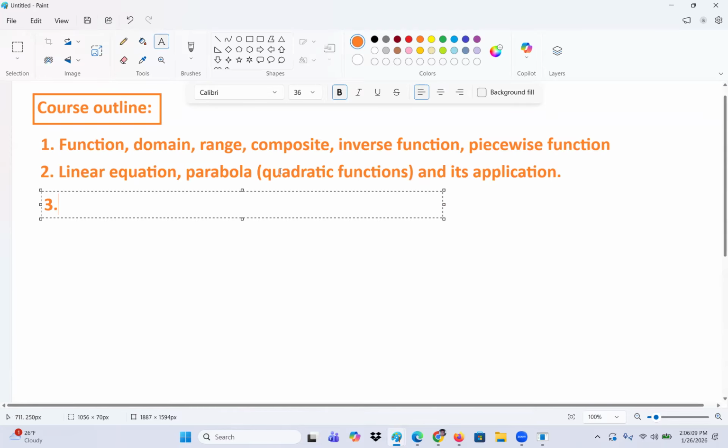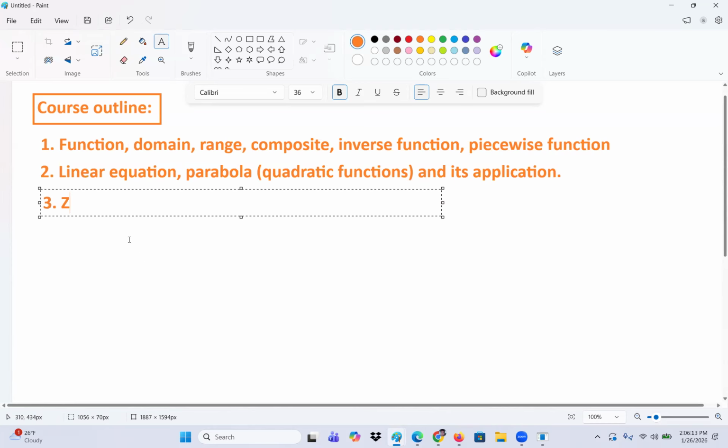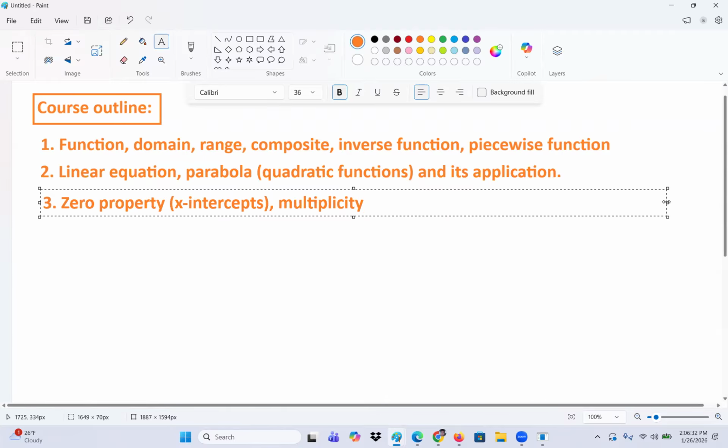Then we move on to the zero property, like how to find the x-intercepts and y-intercepts, and the multiplicity of the function. So we're basically dealing with polynomial functions and behavior, like how the curve looks.